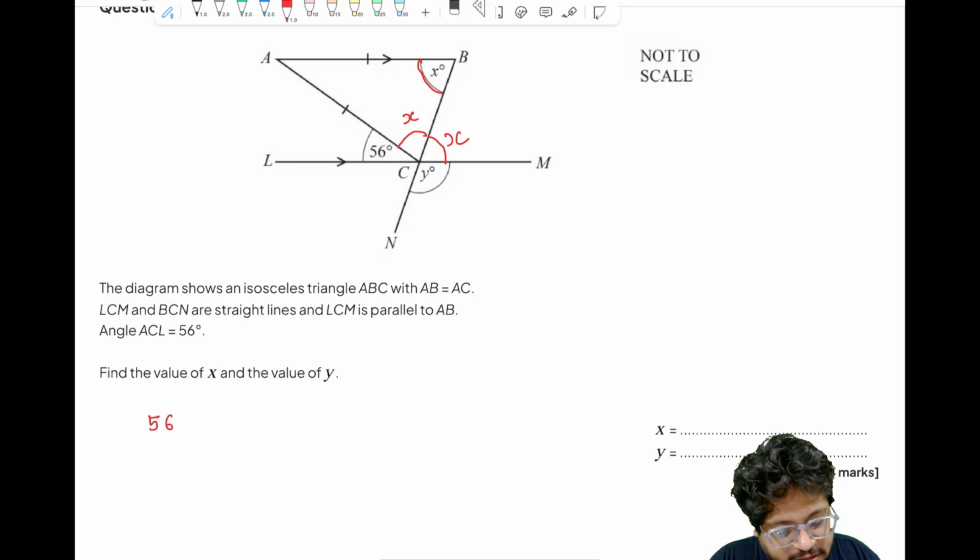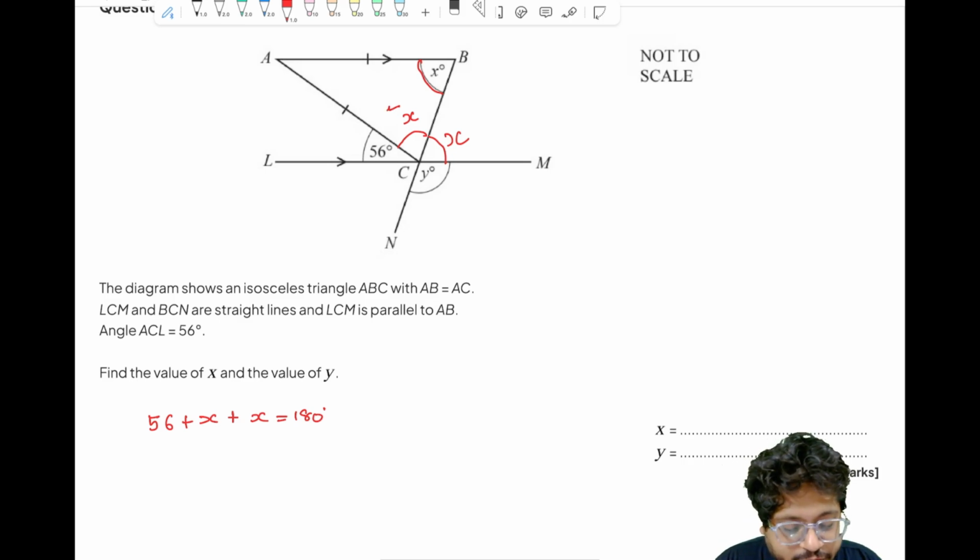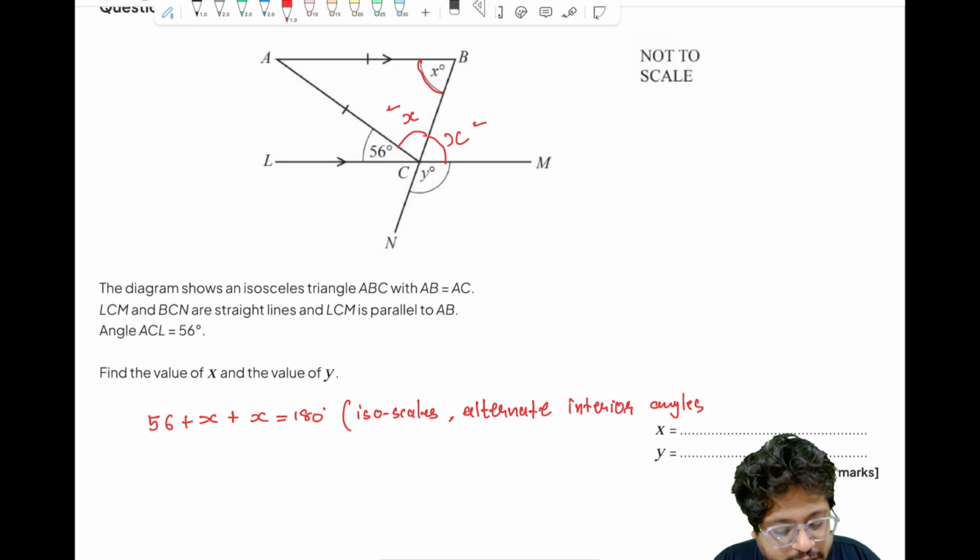So what will I do? This 56 plus x, I'll write it as 180. And there are 3 reasons for it. First of all, this is x because of the isosceles triangle, this is x because of alternate interior angles, and they add up to 180, 56 plus x, because it's a straight line.